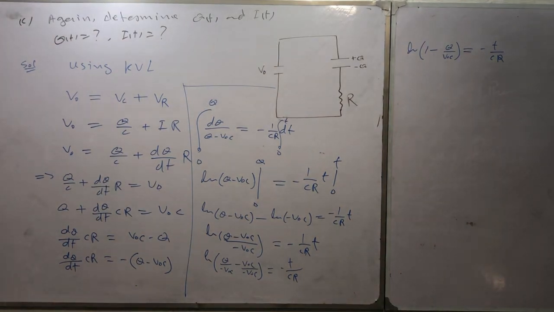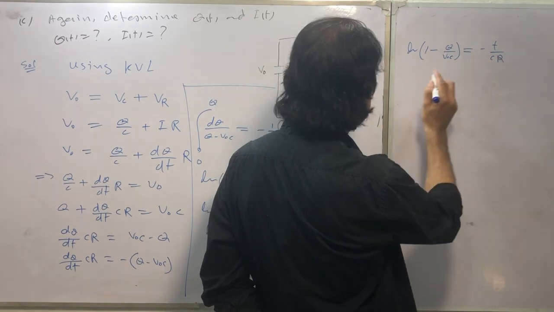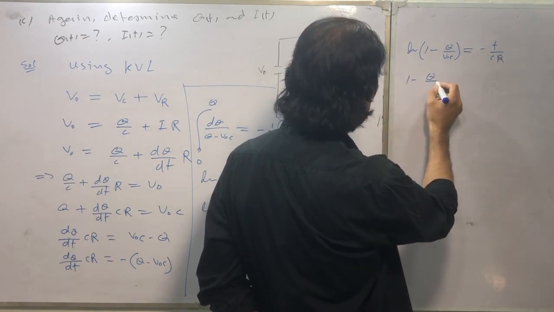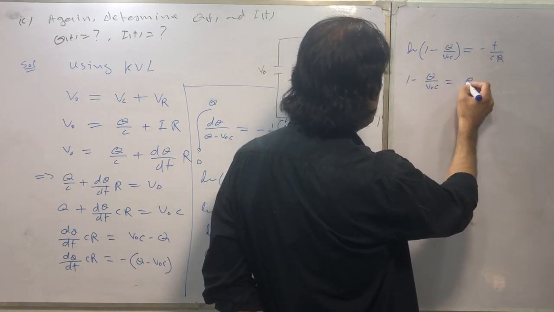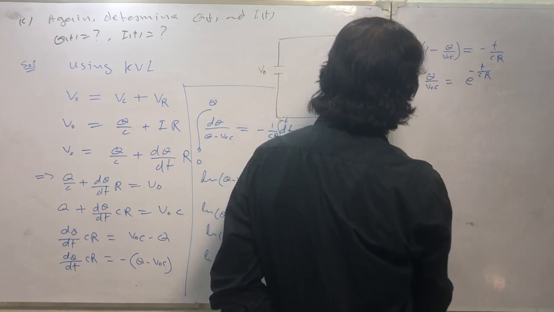And further, if we remove the log, then this term goes to an exponential. 1 minus q divided by V naught C will be equal to e to the power minus t divided by CR.